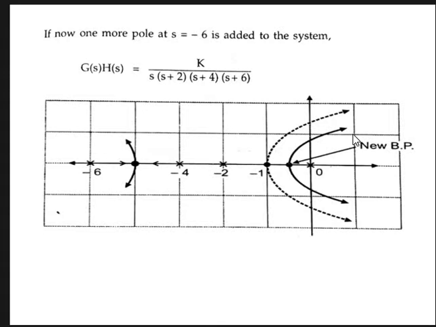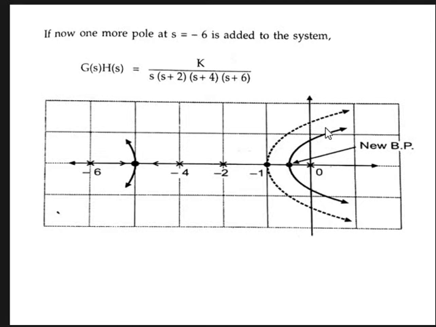If the roots are present in the right half of the s-plane, the system is unstable. If the roots are present on the imaginary axis, then the system is limitedly stable or marginally stable. So when we add poles to the root locus, it shifts towards the imaginary axis or the right half of the s-plane.